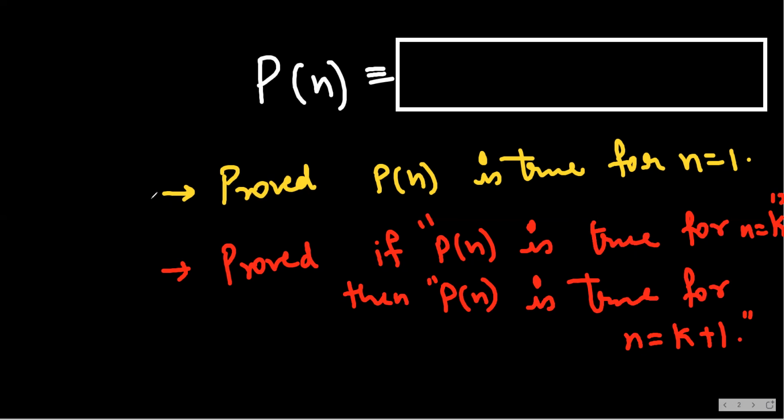I will prove this part. And once I have done these two steps, the first step and the second step, once I have proved these two stages, I can apply the method of induction.